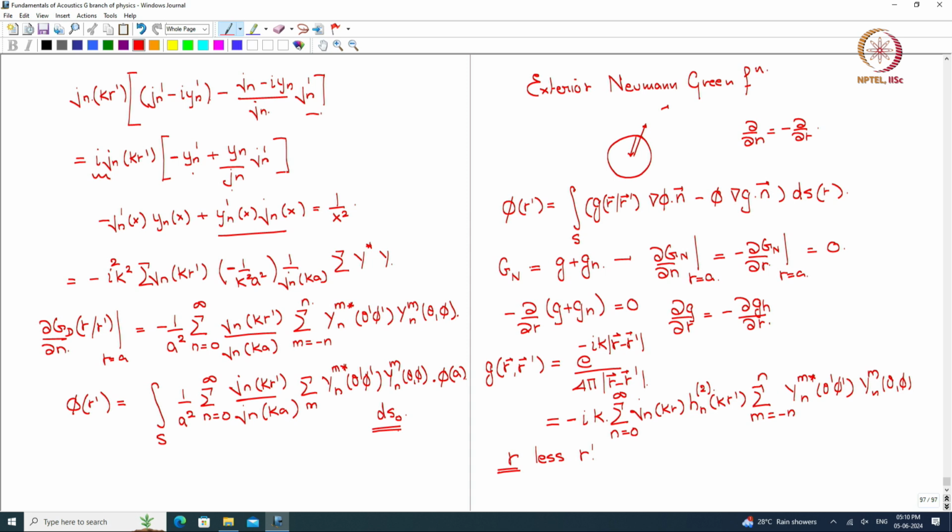Okay. So now if we have to find a corresponding homogeneous function, what do we have? We have to find the derivative of this with respect to r.